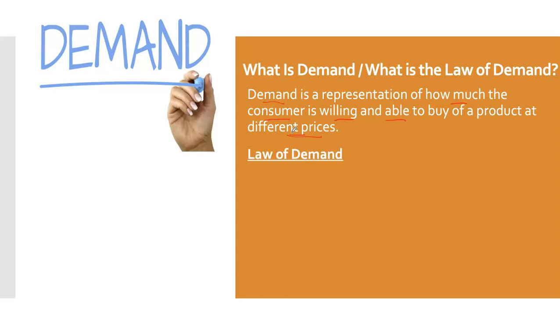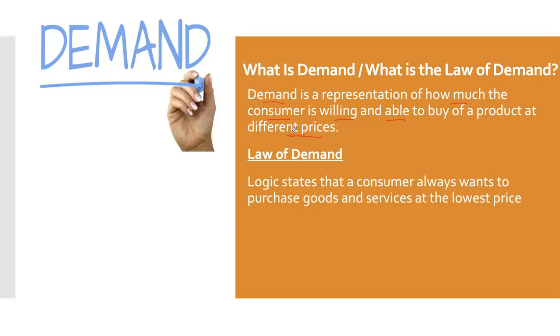We then strip that down into what we call the law or principles of demand. The law of demand is really logical. It states that consumers always want to purchase goods and services at the lowest price, which is absolutely logical.